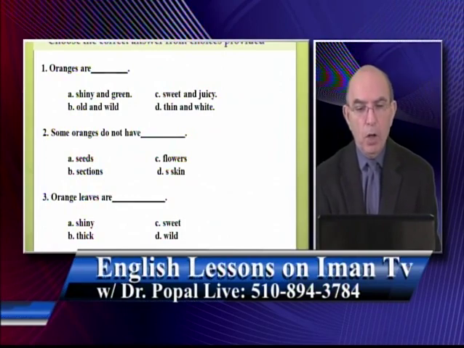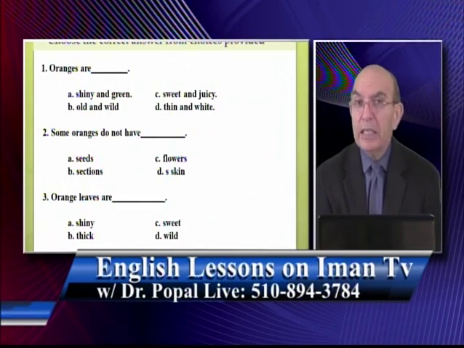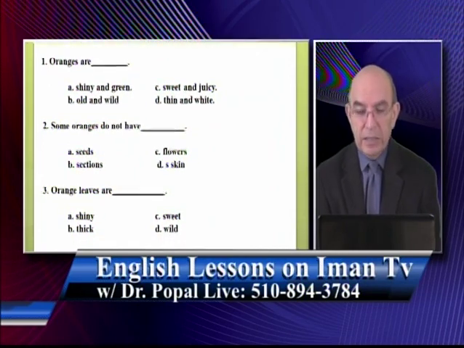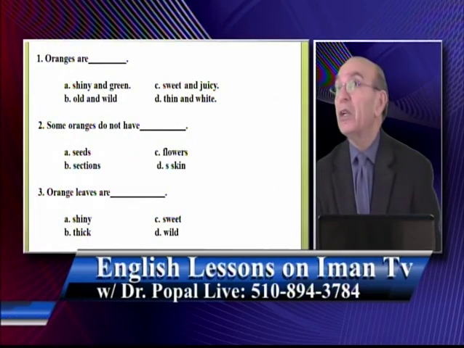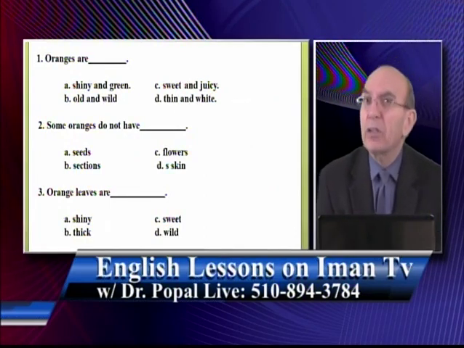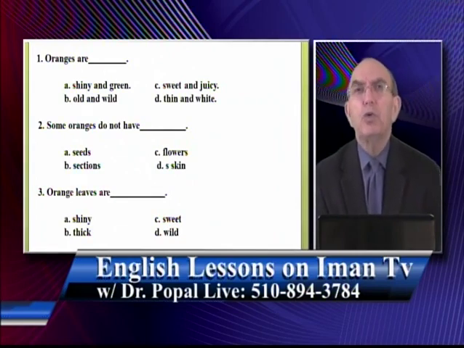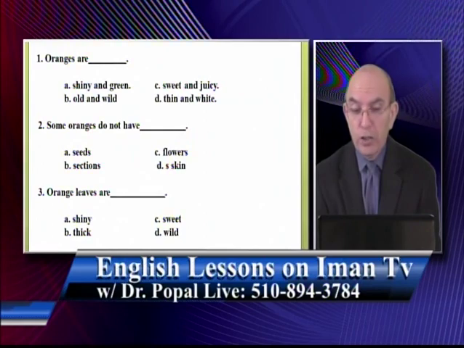Number 1, oranges are A, shiny and green, B, old and wild, C, sweet and juicy, D, thin and white. Which one is the correct answer? What do you remember? Number 1, again, oranges are what?